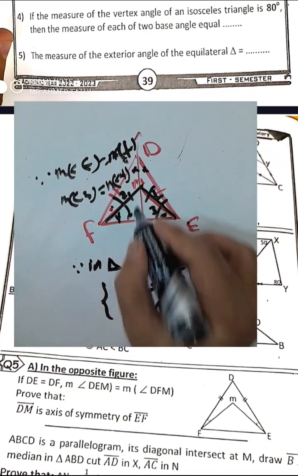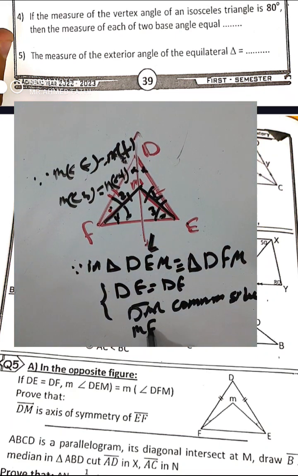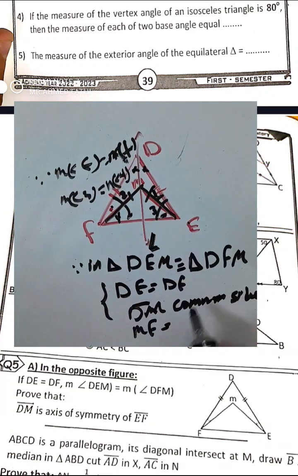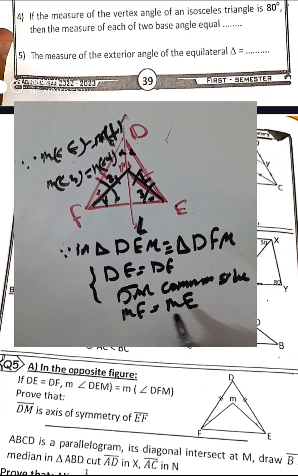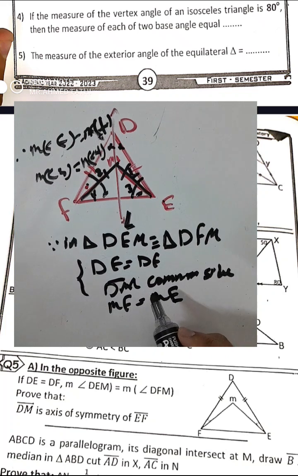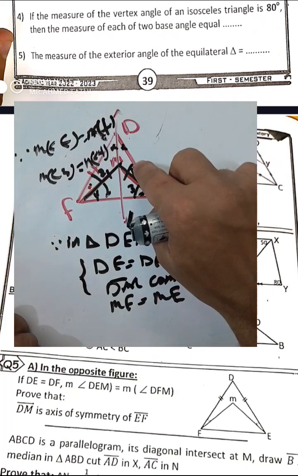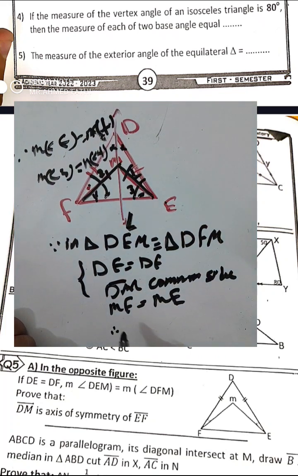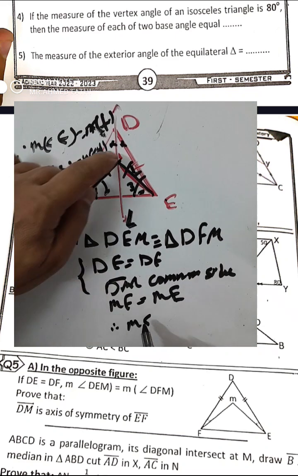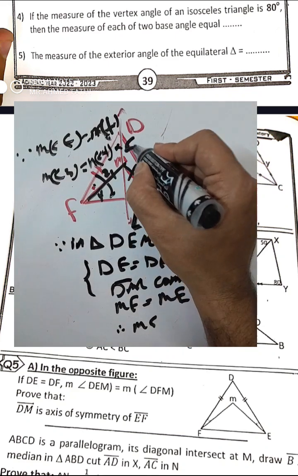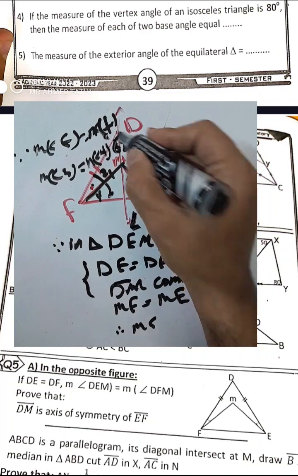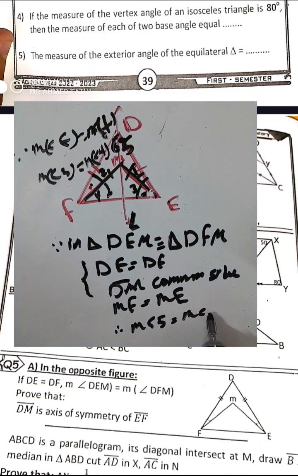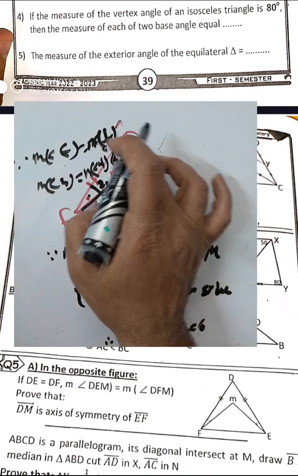Then MF will be equal to ME. Then the two triangles will be congruent because we have two sides and the included angle. Then measure of angle 5 equals measure of angle 6. This angle will be equal to this angle. Two angles there, 5 equals 6.